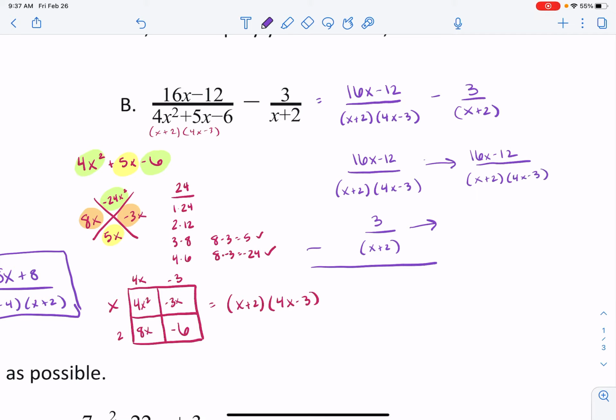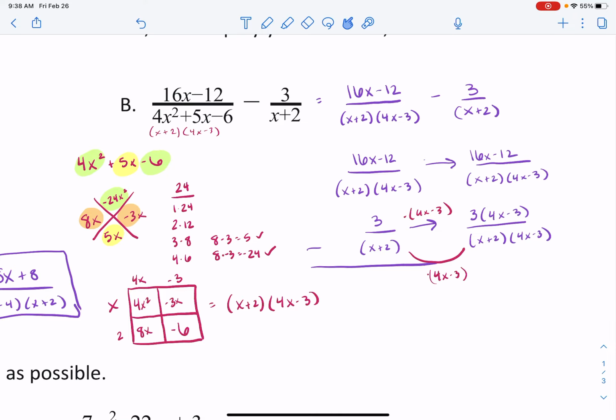And then for the bottom, I can go ahead and multiply by 4x minus 3 on the top and bottom, leaving me with 3 times 4x minus 3 and x plus 2 times 4x minus 3. So now they have the same denominator.